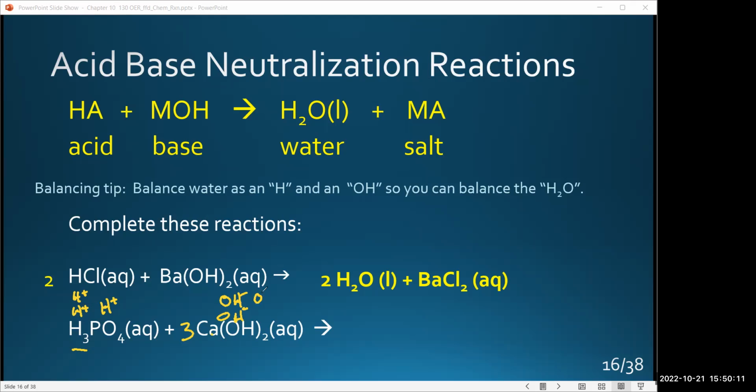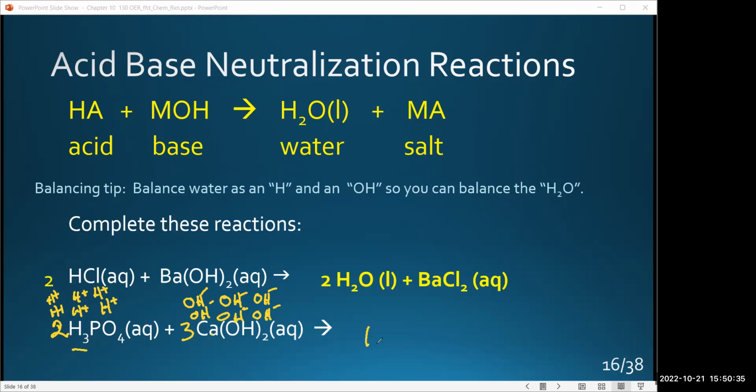So that gives us 6 hydroxides, and I'm writing them out individually so you can see that. Which means that I need to have 2 phosphoric acids, which will give me 6 protons. So now I got 6 protons, 6 hydroxides.